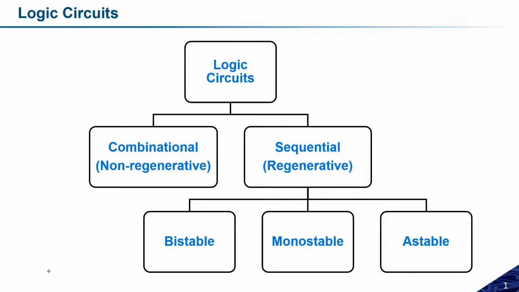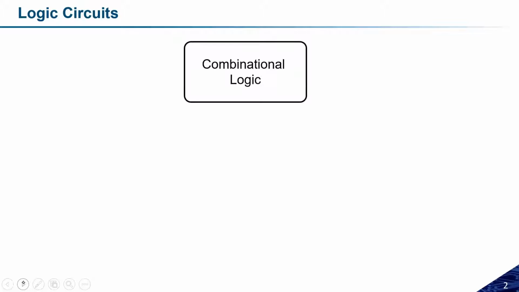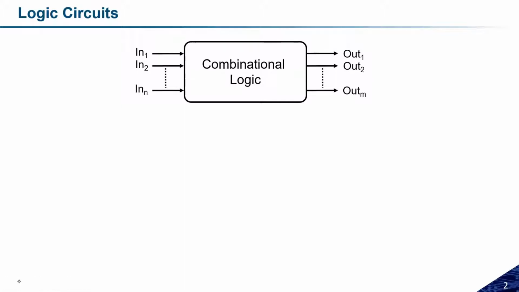Now let us discuss in more detail the bistable one, and how it works. As I just told you, suppose I have a combinational logic circuit with n number of inputs and m number of outputs, and depending on the combination inside, it gives different outputs based on the input combination.